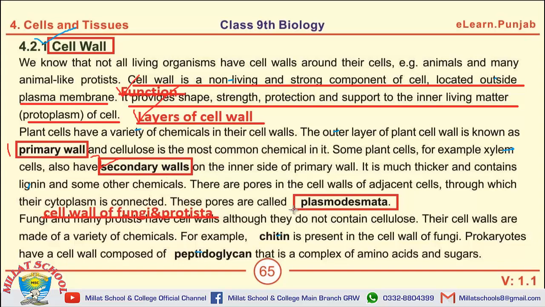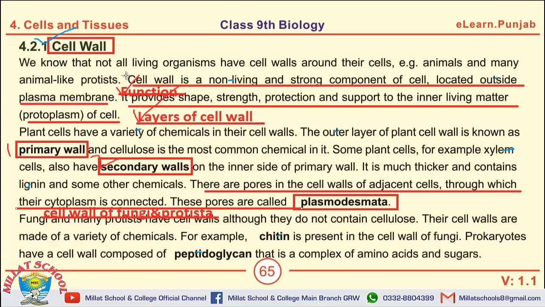The third question is about plasmodesmata. There are pores in the cell walls of adjacent cells through which their cytoplasm is connected. These pores are called plasmodesmata.